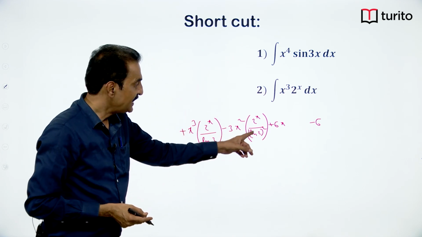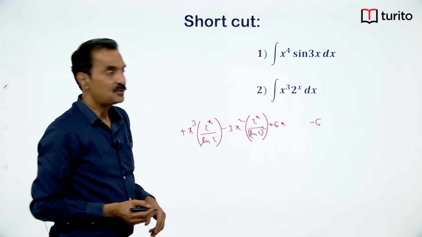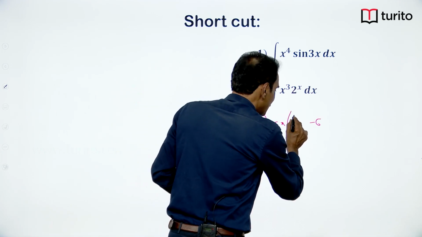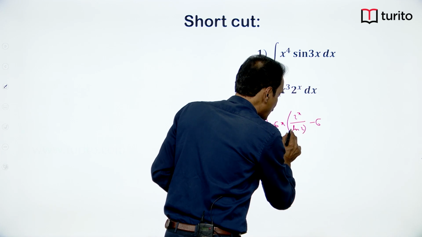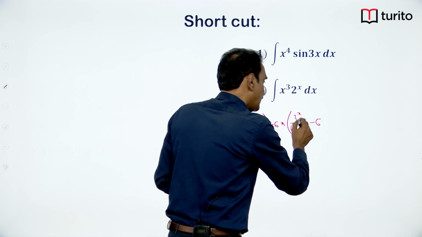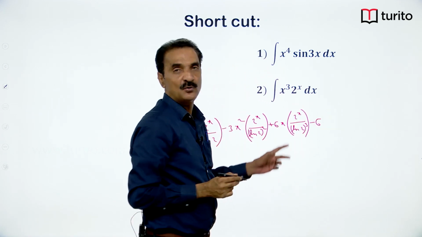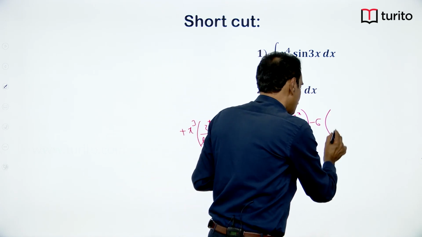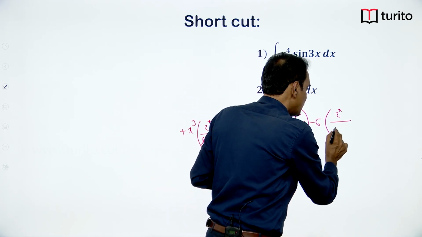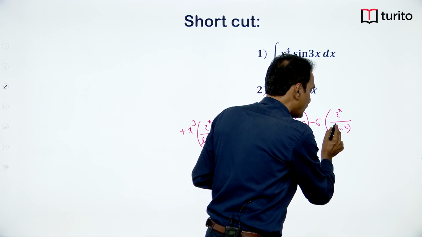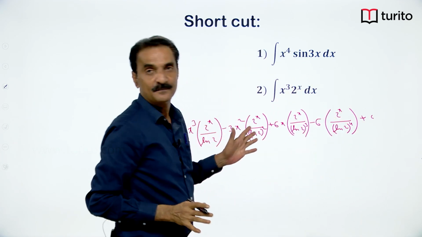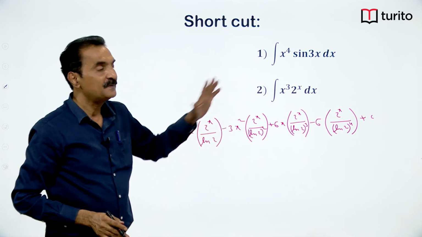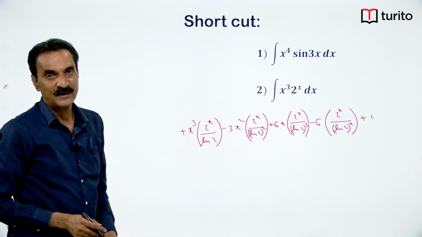Then again integrating, you will get (2 power x by ln 2) whole cube. Again integrating, (2 power x by ln 2) whole power 4, plus c. This is the integral of x cube into 2 power x.